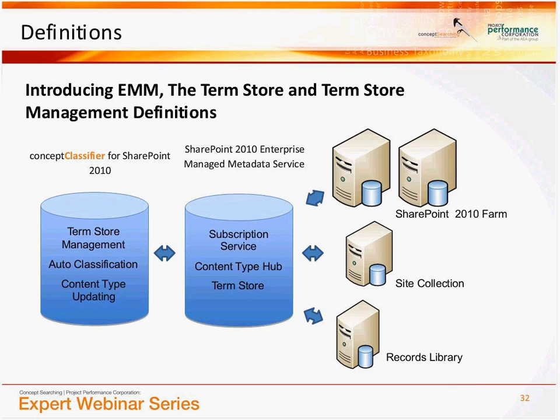I can actually leverage the content type hub. The real thing is this is a subscription service basis, so that per library, collection, or farm, I can subscribe to the specific content type that I want to use. I only have to create it once, and then I can leverage it where I need across the company. conceptClassifier for SharePoint 2010 fits in as the tool that applies term store management.